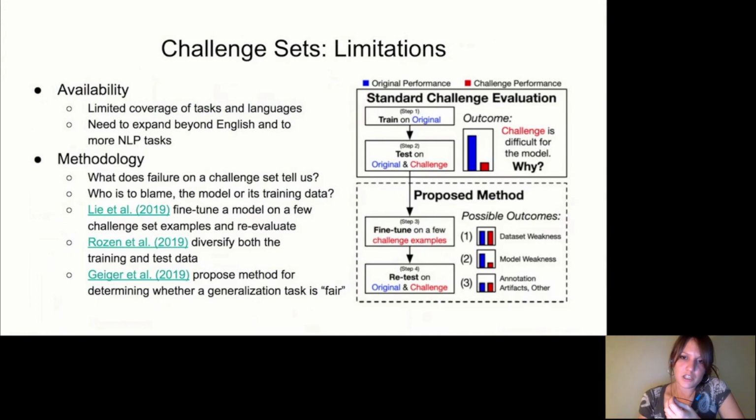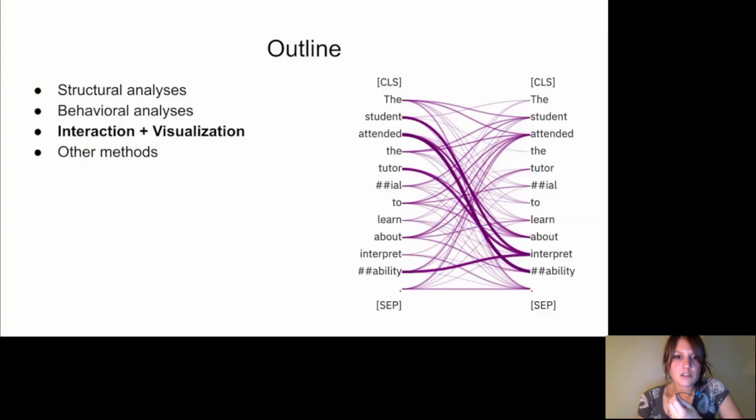Should we expect a model to generalize on the basis of a highly skewed training distribution, or what is really the fair distribution or just fair type of generalization? So that's kind of an avenue of interesting future work for deciding how to interpret the results on these challenge sets.